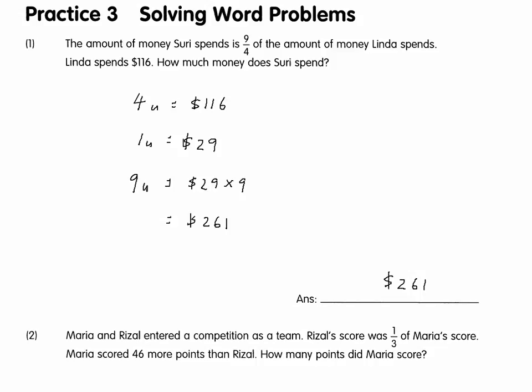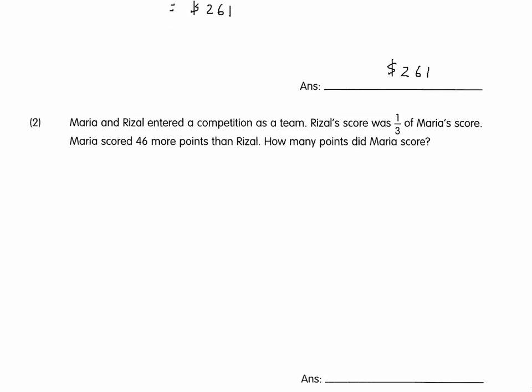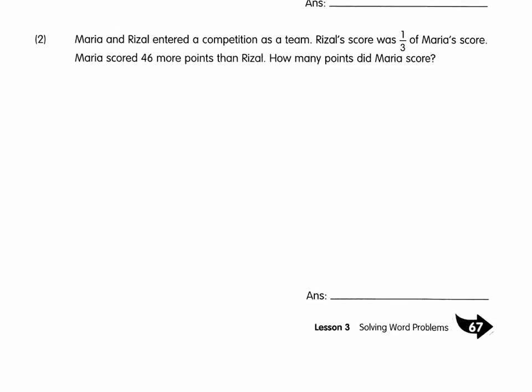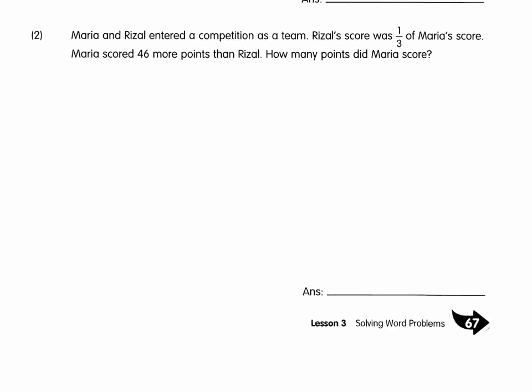So Mari and Rizal enter a competition as a team. Rizal's score was 1/3 of Mari's score. So Mari's score is how many units, Xuan Wei? So Rizal's score is how many units, Yun Chong?